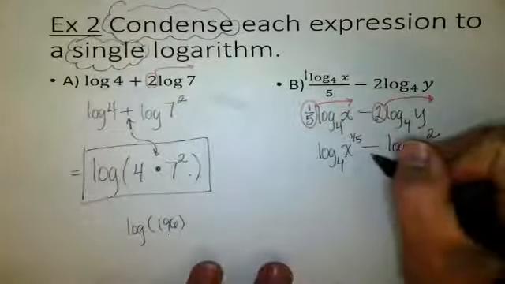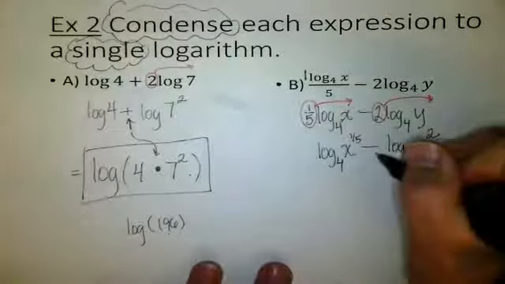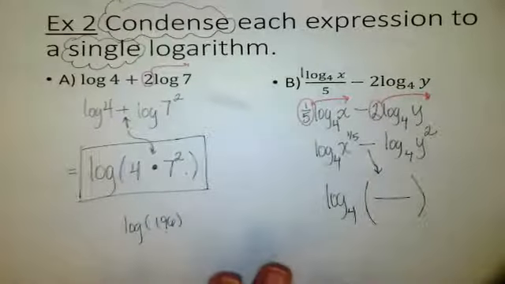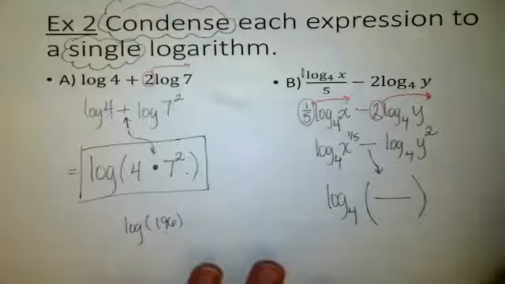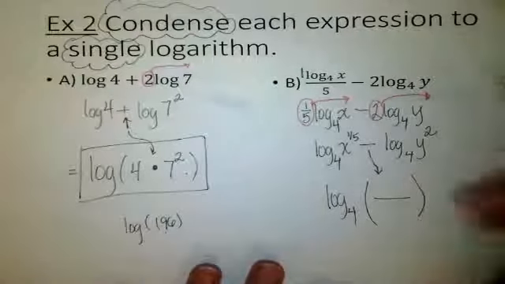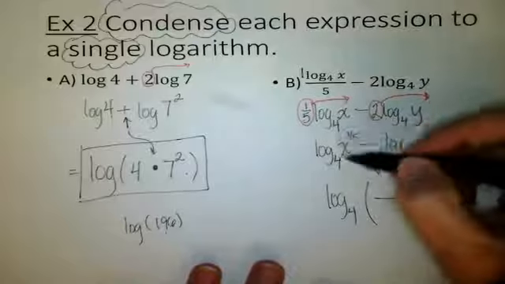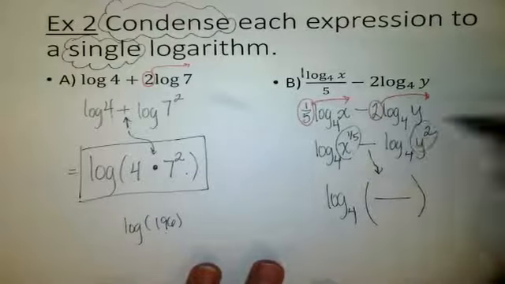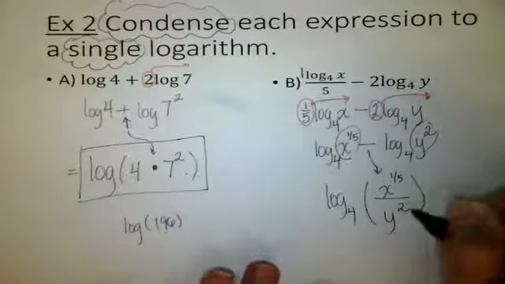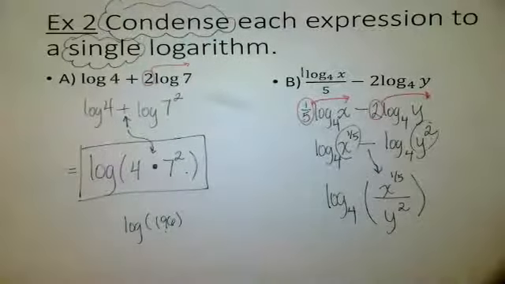Division, the quotient property. So we're going to change that to a single log, and it's a quotient. What goes on top and what goes on bottom? It was top minus the bottom. So x to the 1/5 goes on top, and y squared goes in the denominator.